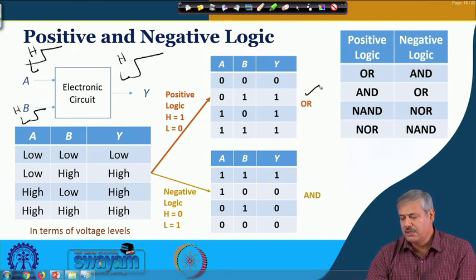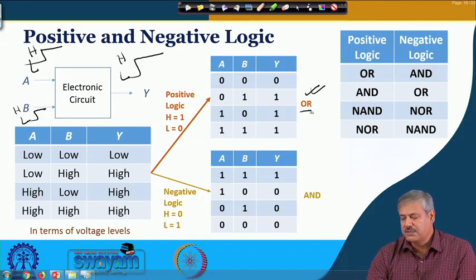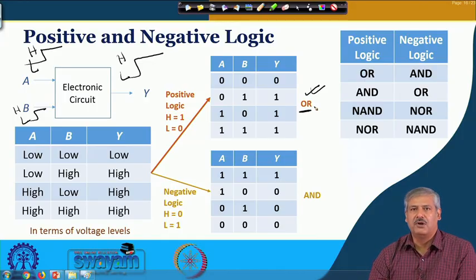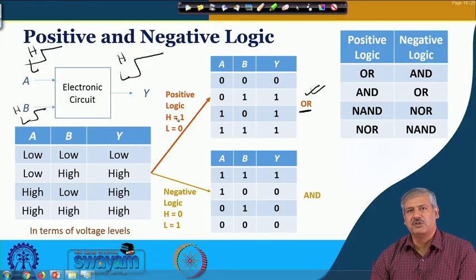And the corresponding truth table that we get is that of OR operation, OR logic operation, isn't it? So, when high voltage is associated with 1 and low voltage is associated with 0, we say that what we are following is called positive logic. In our discussion before, now and in future also, we will primarily deal with positive logic, okay.